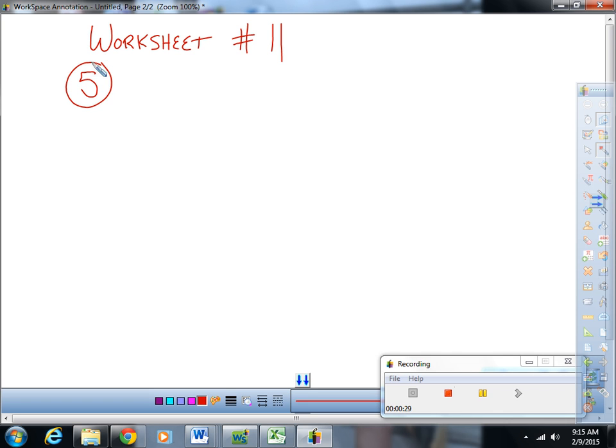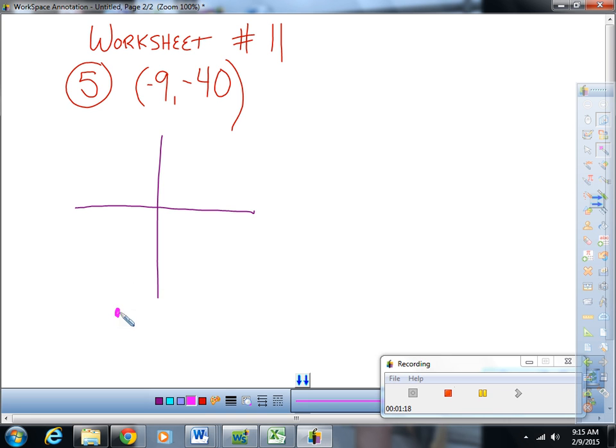So number 5 gives us the point -9, -40. Hopefully you can kind of remember that. That point's going to be in the 3rd quadrant. Left 9, down 40.